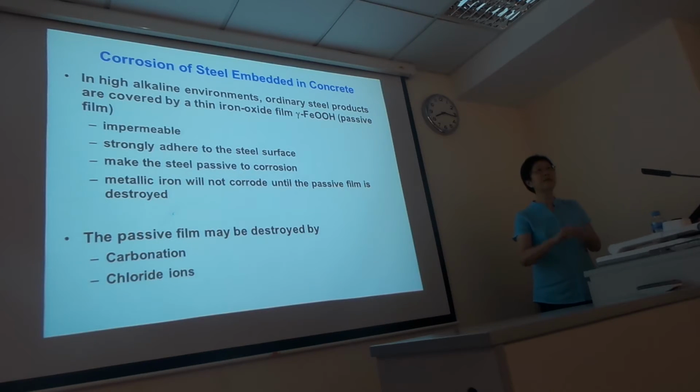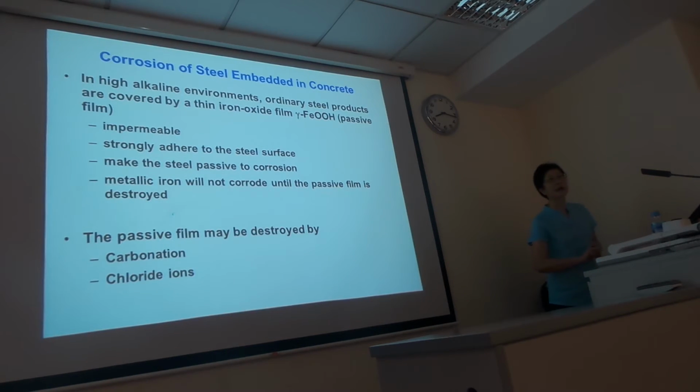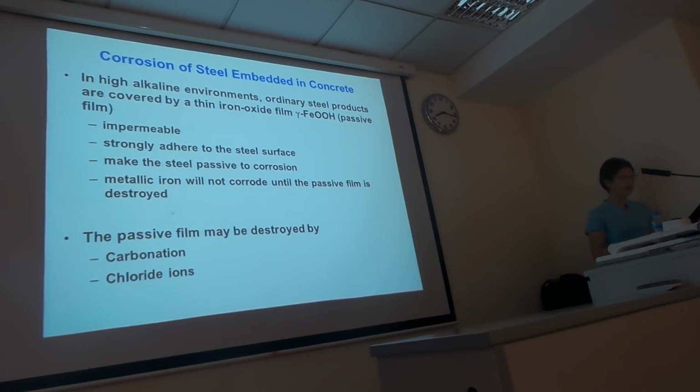Under high pH level, you have this passive film formed on the surface of steel reinforcements. The question is at which conditions this passive film can be destroyed or damaged. Basically two things in real life can damage or destroy this passive film on the surface of steel reinforcing bars embedded in concrete.